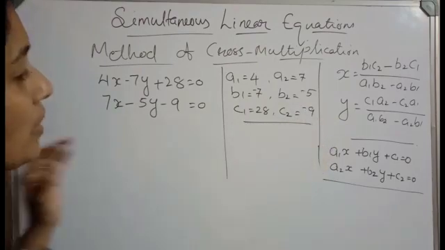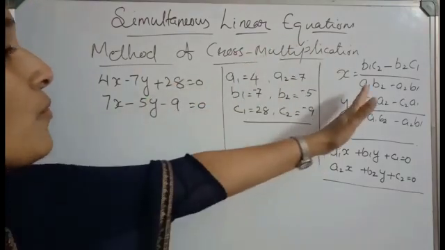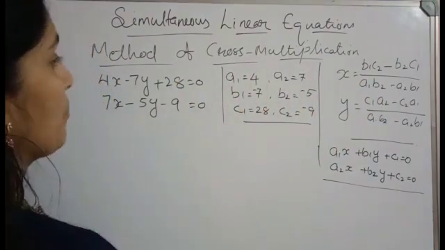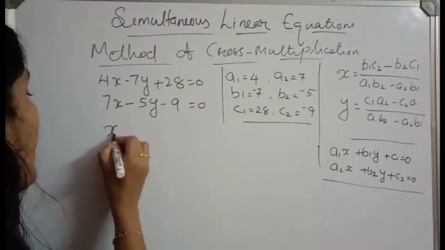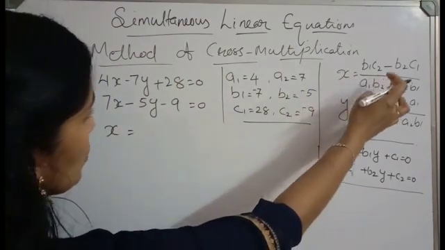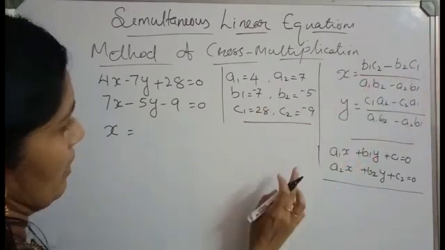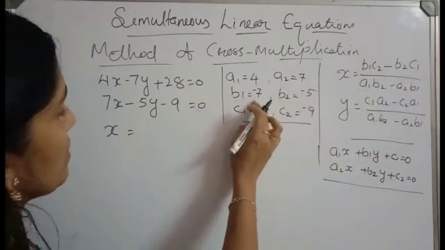Now let's substitute these values in the given formula and find the values of x and y. Let's solve for x and y. So what is x? x is equal to b1c2 minus b2c1 by a1b2 minus a2b1. Substitute the values. What is b1?